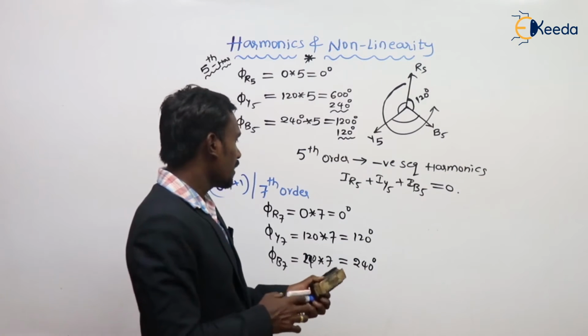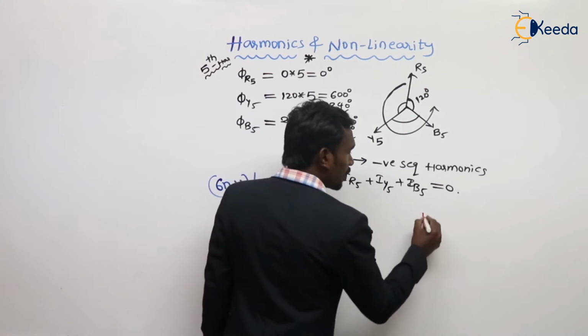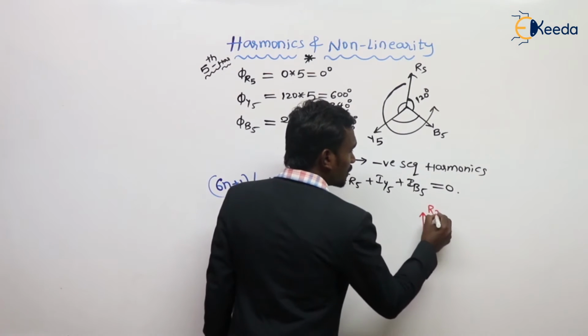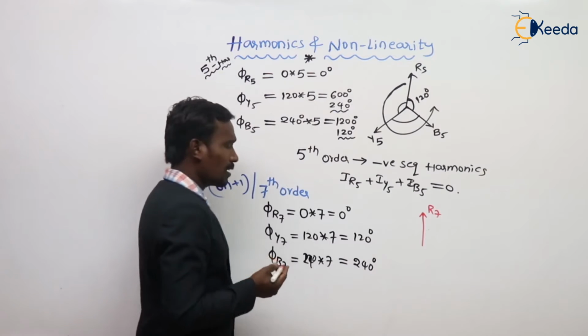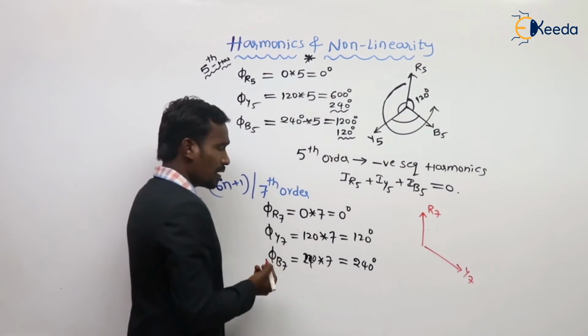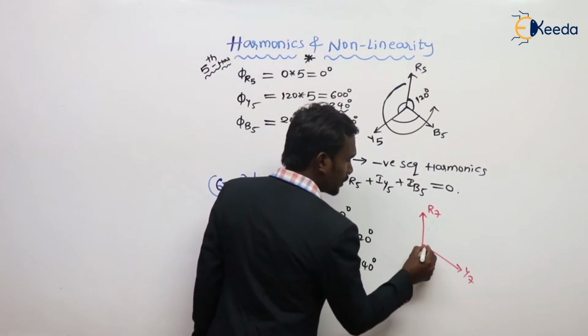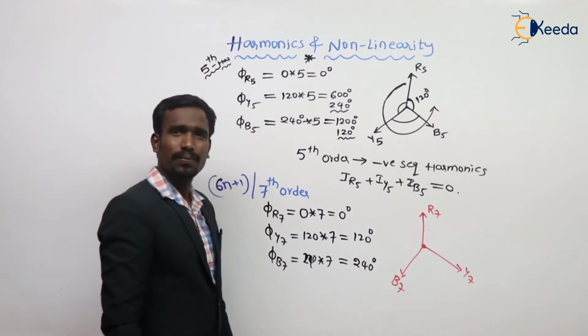For the seventh order harmonics, R phase is located at 0 degrees, Y phase at 120 degrees, and B phase at 240 degrees.